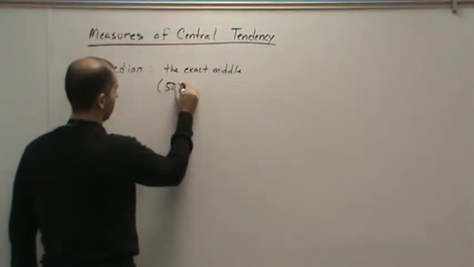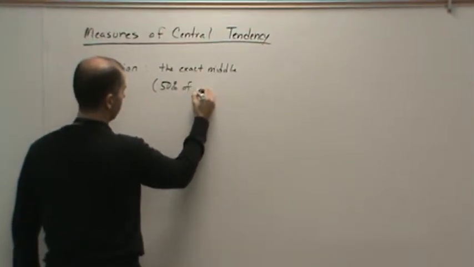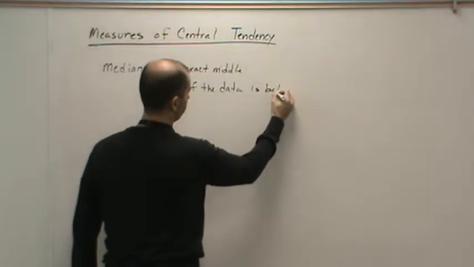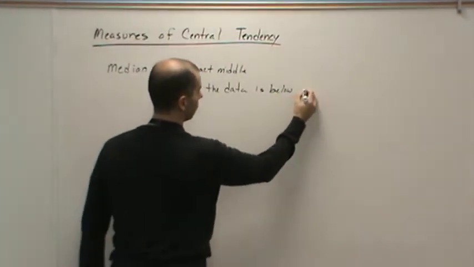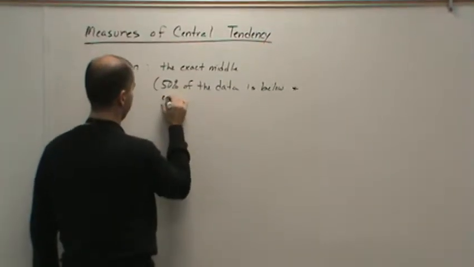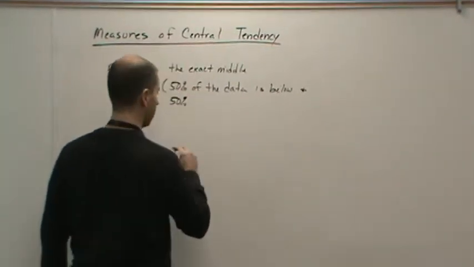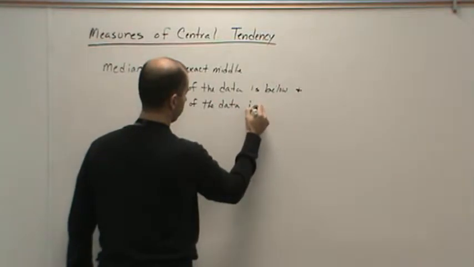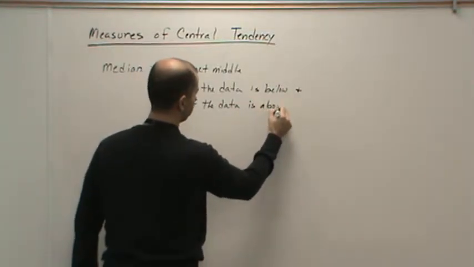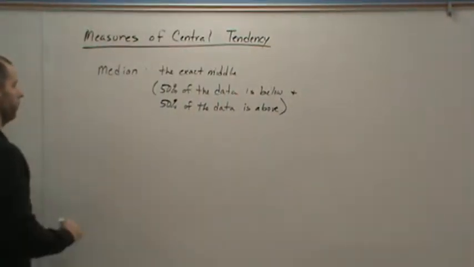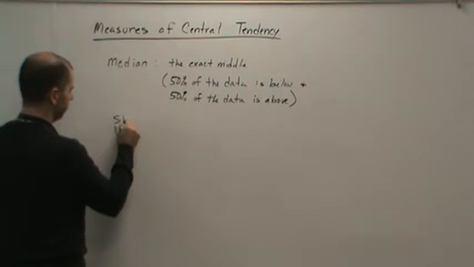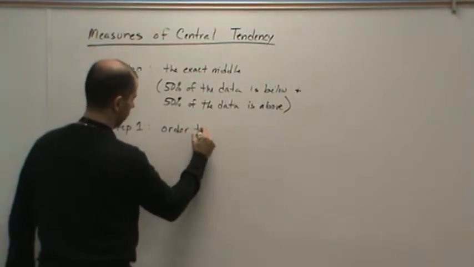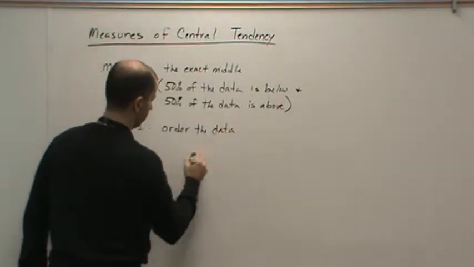In other words, 50% of the data is below and 50% of the data is above. Okay, so now, step one: order the data.